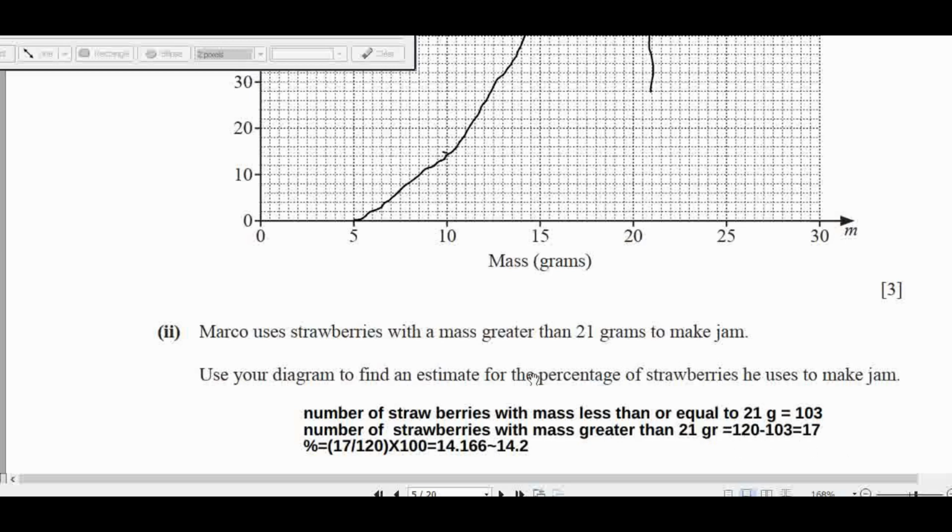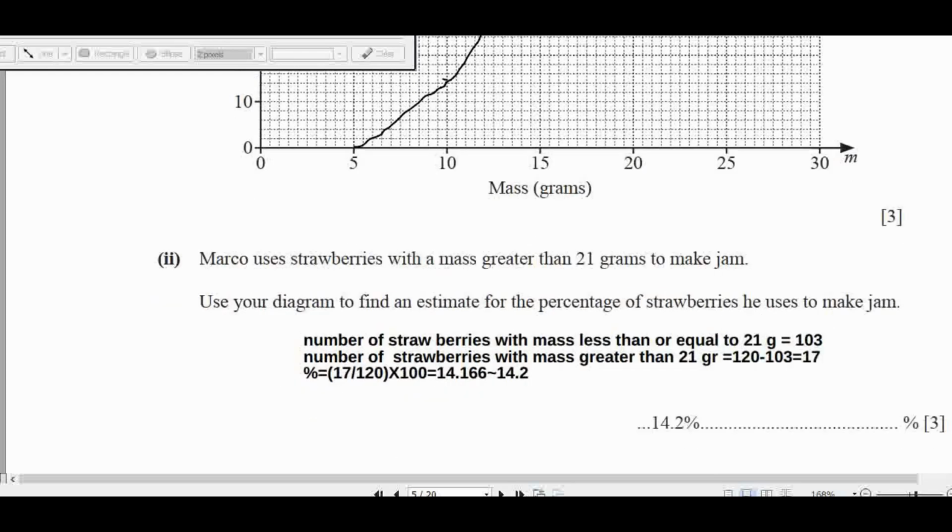So I have to find the percentage. Percentage will be equal to 17 over the total 120, times 100. It comes out to be 14.166, which can be rounded off to 14.2. So the answer is 14.2%. The percent sign is already given, so 14.2 is the answer.